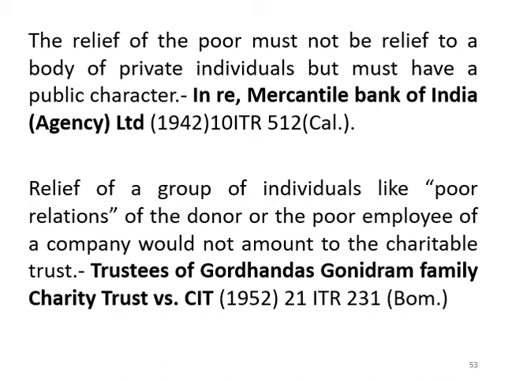Here too, the relief of a group of individuals like poor relations of the donor or poor employees of the company would not amount to a charitable trust because there is a lack of public benefit.